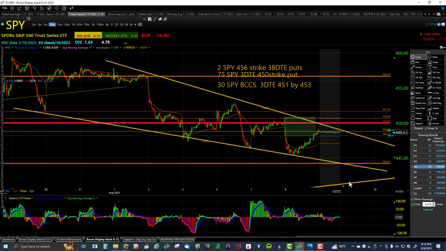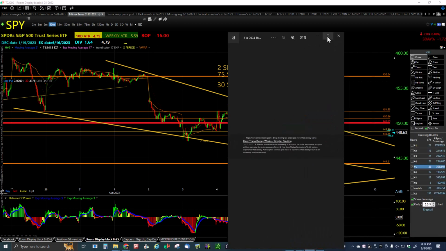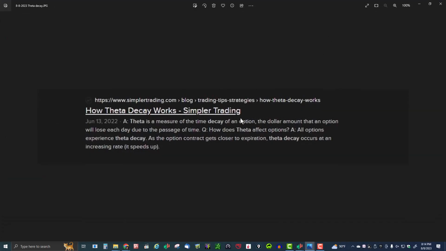Everyone knows? I'll just share a brief definition with you so you can see it. Theta decay is when your option price starts to deteriorate at an increasing rate as it gets closer to the expiration date.